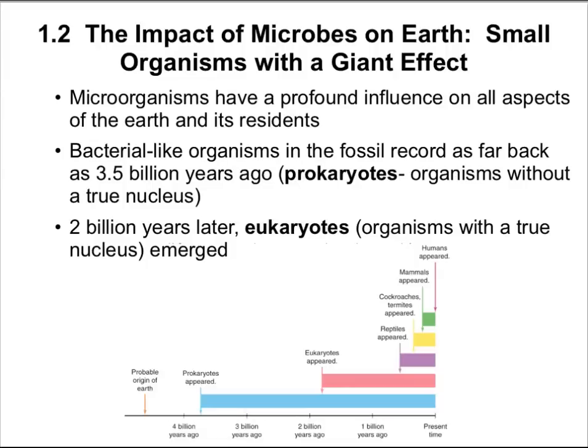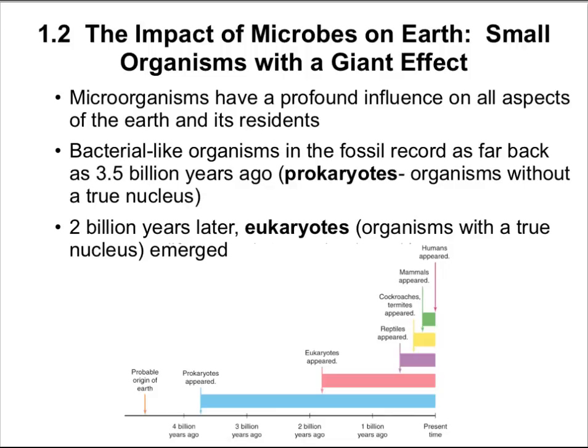Now, if there's one thing that you take home from all the information that you'll learn this semester, it's how profound an impact microorganisms have on all aspects of the earth and its residents. Bacteria-like organisms first formed about 3.5 billion years ago. These were all organisms without a true nucleus, so we call them prokaryotes, with karya meaning nucleus and pro meaning before, so pro before the nucleus.